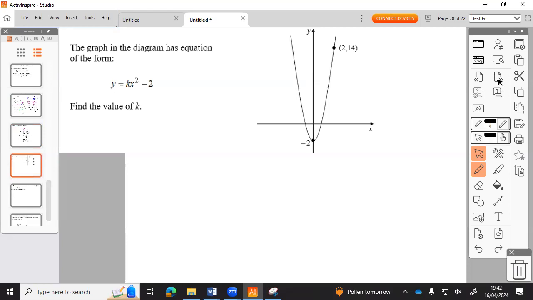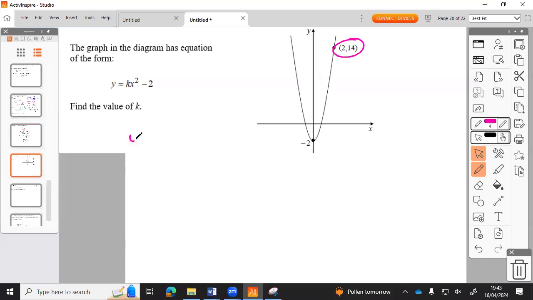This question's a sort of weird one. What it's looking for you to do is just substitute in one of the coordinates to find an unknown value. It's a bit odd, but we'll go with it. So we're substituting in this coordinate, and that will allow us to work out the value for k.